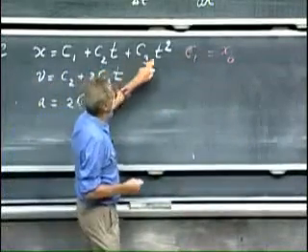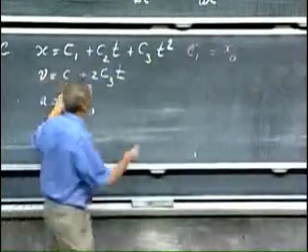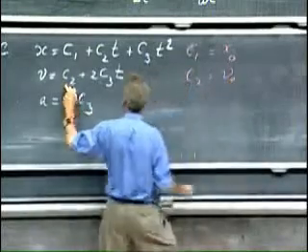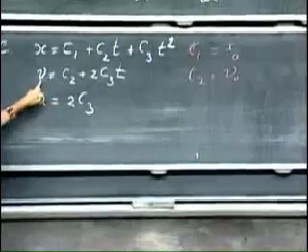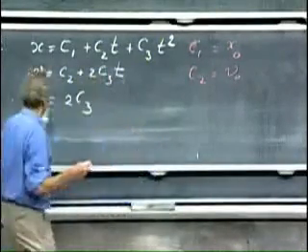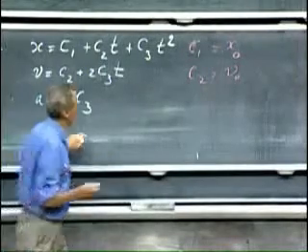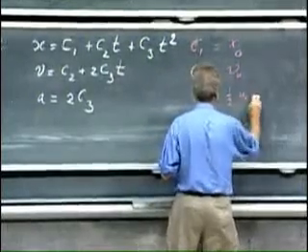Because when t is 0, that is where x is. c2 is really the velocity at time t equals 0, because when t is 0, that's when c2 is v. And the acceleration is not changing with time, it is 2c3, therefore c3 is half the acceleration.